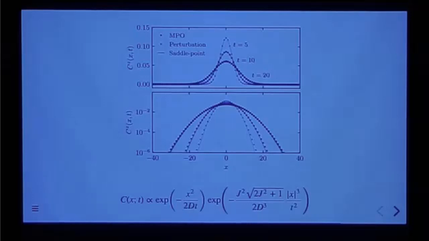One is the matrix product operator calculation, one is the perturbative calculation, integrated in time numerically, and they're on top of each other. This profile doesn't quite fit, but it fits better as time progresses. This is something nice to look at, but if you integrate the perturbation scheme, you get basically bang on agreement.